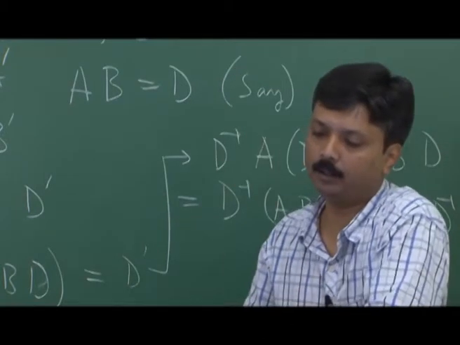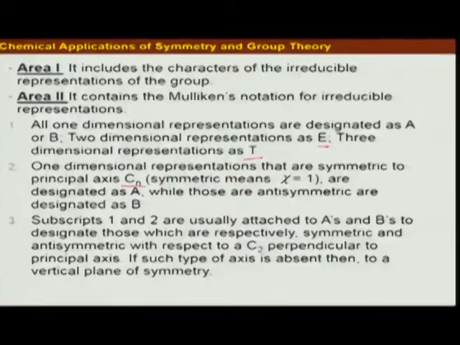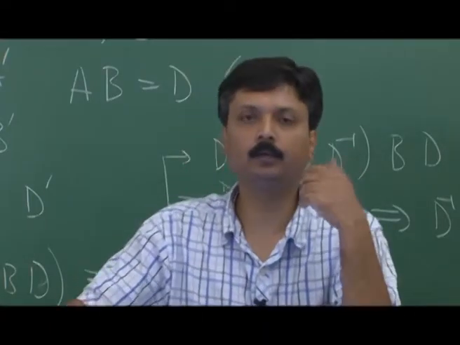If the character corresponding to the principal axis of symmetry Cn is symmetric, meaning positive 1, then this particular IR will be termed as A, and if it is negative 1, then it will be termed as B. So, a symmetric character with respect to Cn is A, while an antisymmetric character with respect to Cn will be termed as B.